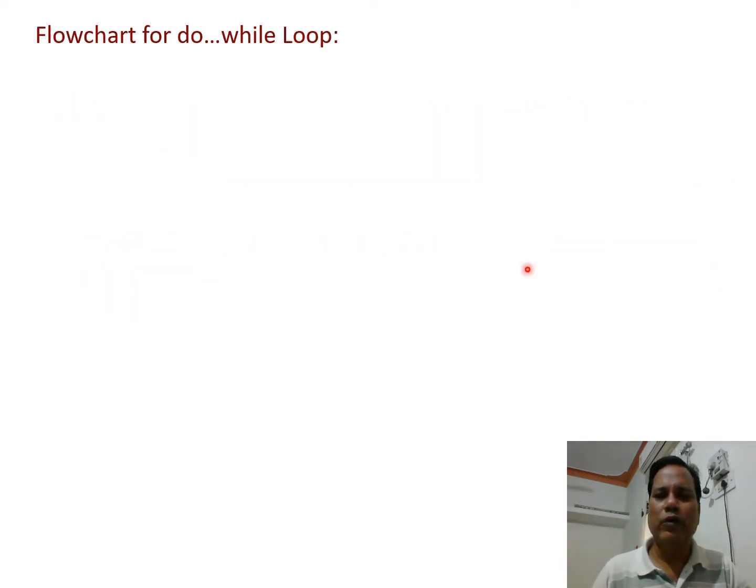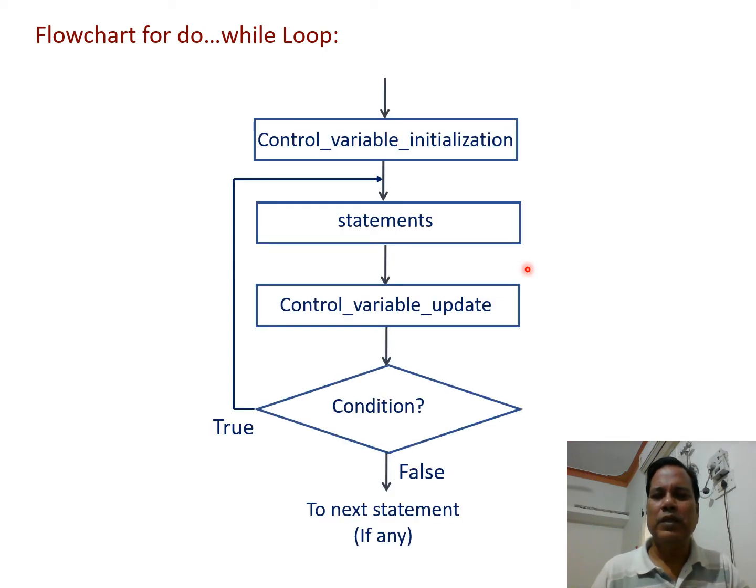Flowchart for the do while loop. This diagram shows the flowchart for the do while loop. As seen, control variable initialization is done. Then the body of the do while loop is executed. In the body of the do while loop, some statements are executed, and also the control variable is updated.